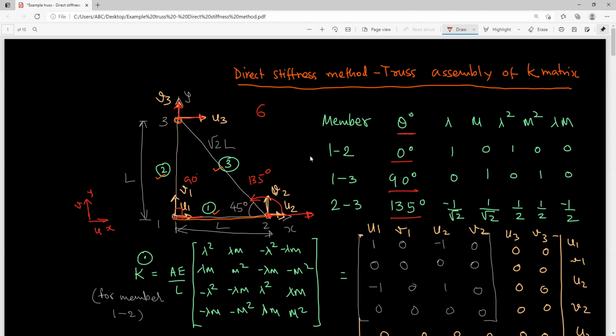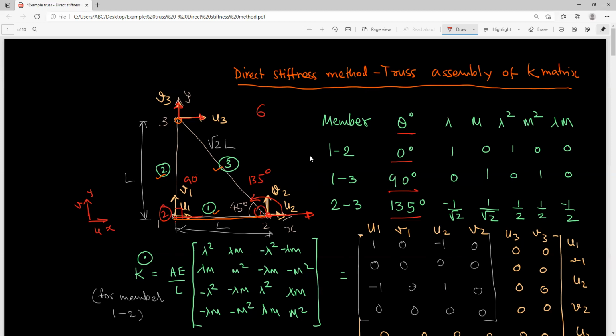Also, you might have noticed that the members are oriented in the positive direction from left to right, with the lower number on the left side and the higher number on the right-hand side. However, you can number according to your own choice. For example, this member can be 2 and this member can be 1.